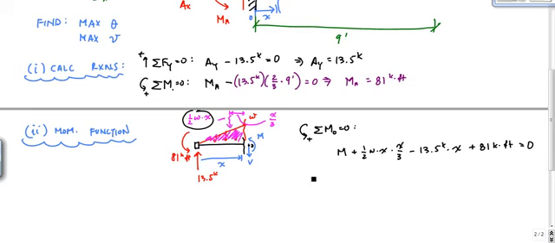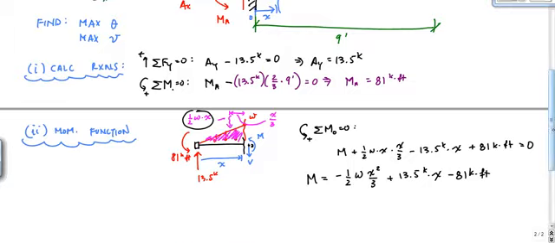And my moment function now is minus 1/2 w x squared over 3 plus 13.5 kips times x minus 81 kip-feet. So that looks good so far, except now I need to know what w is.